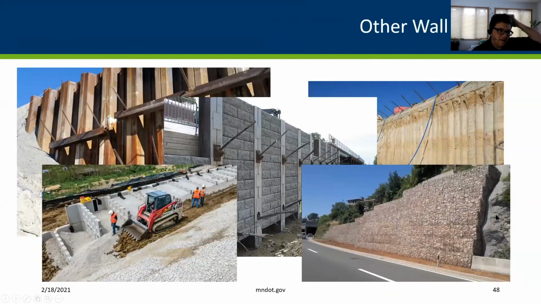For any other wall type, and there are many out there, basically they fall into those zones of these more common wall types. So they may be an engineered structure, in which case it's just like a bridge plan, because someone engineered it and someone told them what to use. Or they'll have components that need to be engineered by the contractor, and we've given them specifications. So they may have ground anchors, like a soldier pile wall.